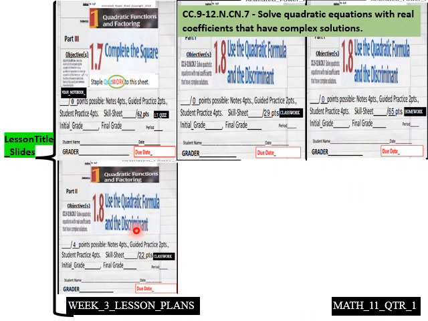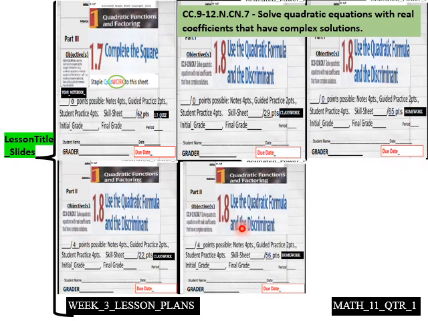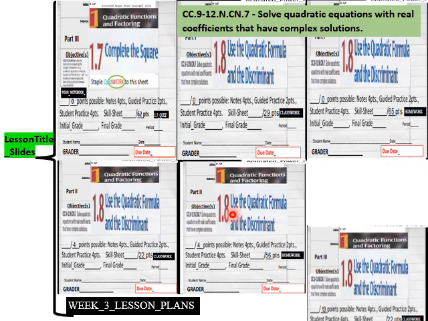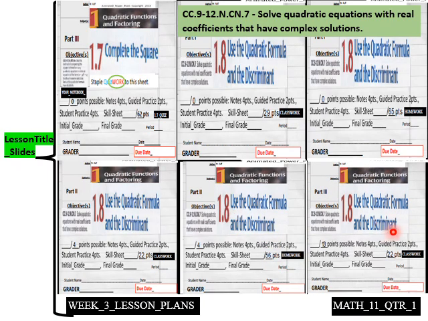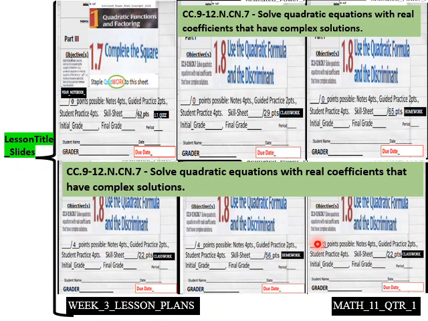And then we go to 1.8 part 2 classwork, 22 points, using the quadratic formula and the discriminant, with 4 points of note taking. 1.8 part 2 homework is 56 points. Then 1.8 part 3 classwork is 22 points, with 13 points of note taking, and we have N.CN.7, the same standard as up there.